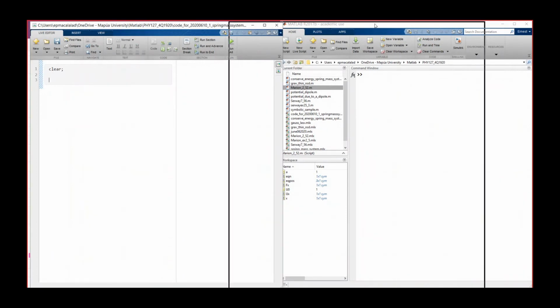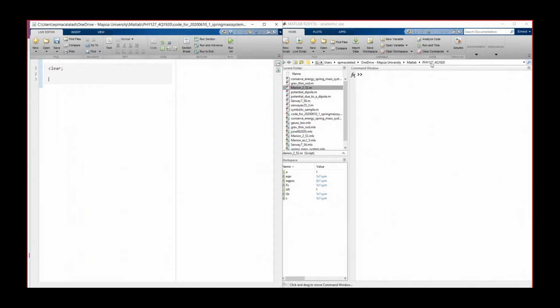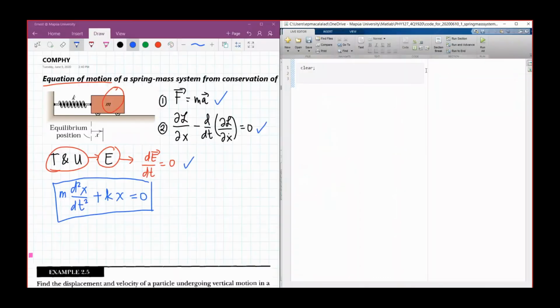We're not going to need the command window anymore because the output will be provided here.